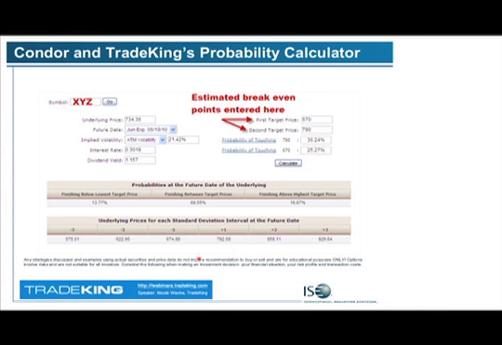This says there's a 68% chance that the underlying, which is currently at 735, will remain between 675 and 792 between now, which is early May, and June expiration, all right?